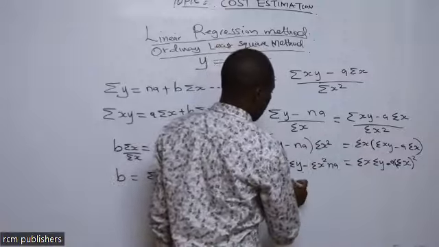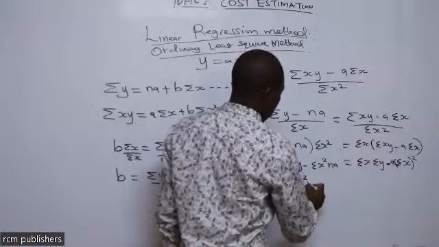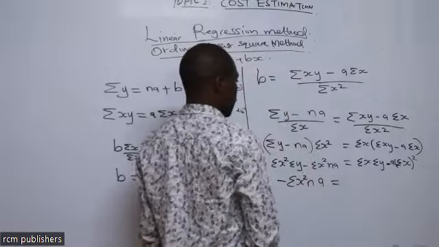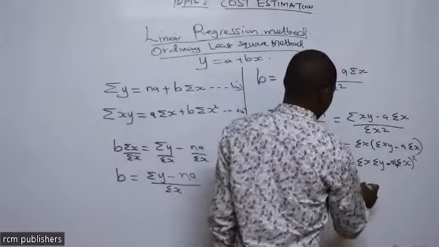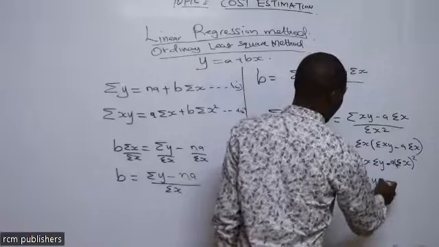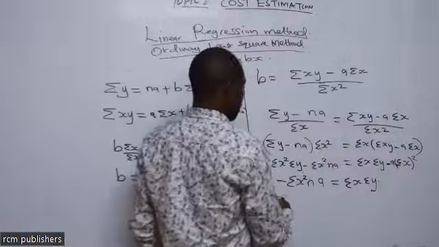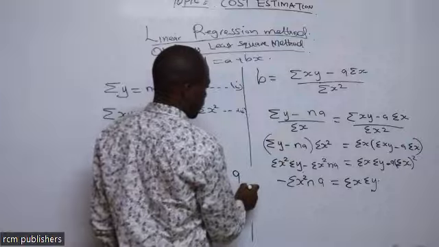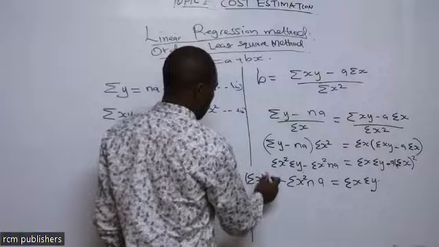So we have minus summation of x squared NA is equal to this summation of x, summation of y, minus, so this one here, we bring it this side to be plus, that is A summation of x squared.